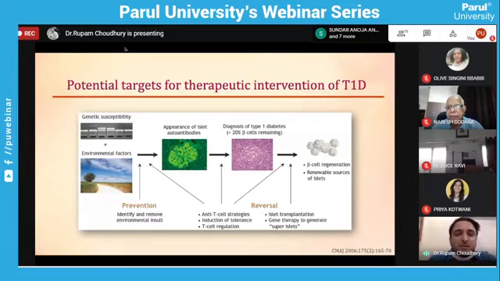So a lot of research is going on in type 1 diabetes. What is in the pipeline: genetic susceptibility, environmental factors, as we have seen, lead to beta cell destruction. First we have appearance of islet autoantibodies, then diagnosis of type 1 diabetes with less than 20% of beta cells remaining, then we have type 1 diabetes appearance.